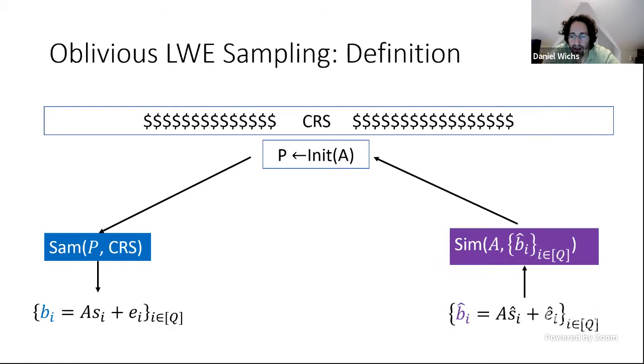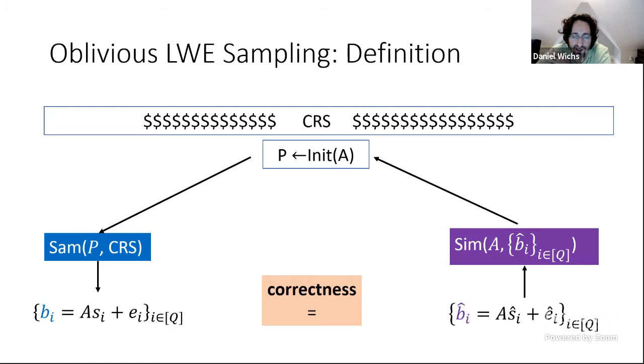For security, I'm going to require that there's a simulator, and the simulator takes some Q LWE samples B sub I hat as input. These are just random LWE samples. The goal of the simulator is to program the CRS and this value P in order to cause the sampler to output the target values B sub I hat. So the simulator outputs P and CRS, programs them in some way.